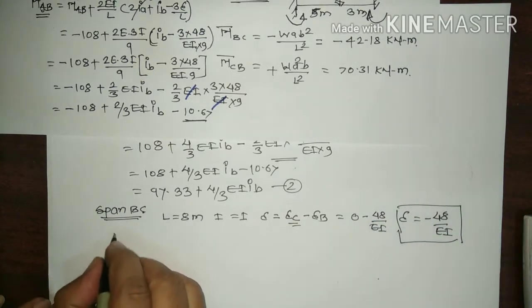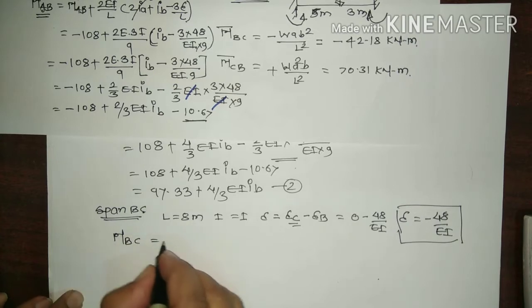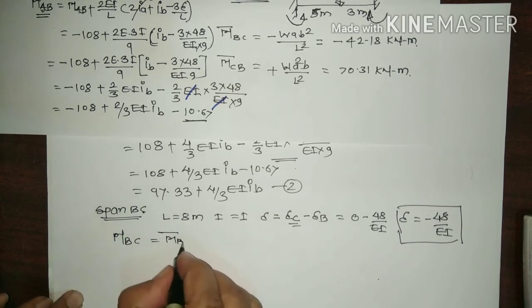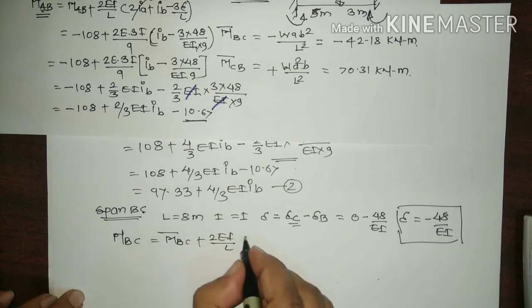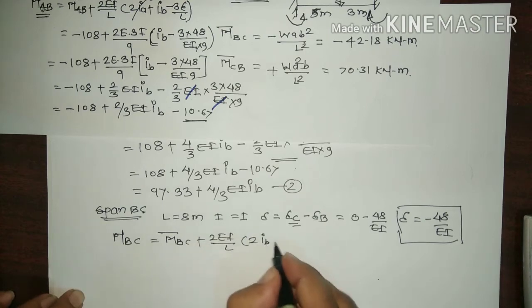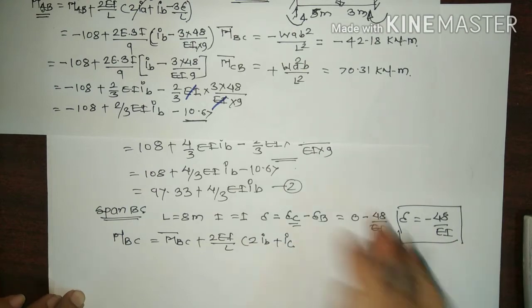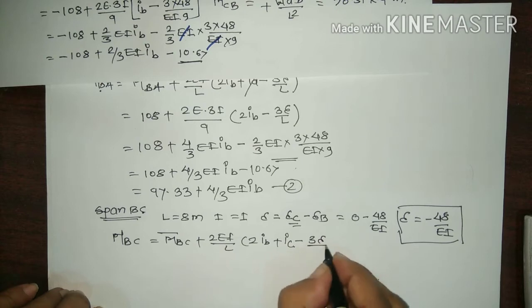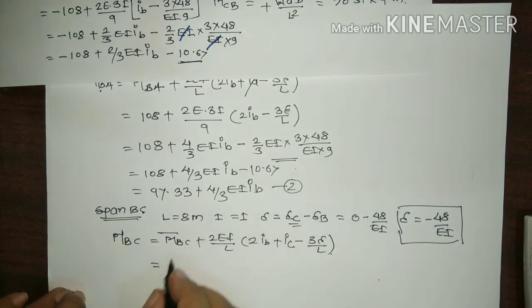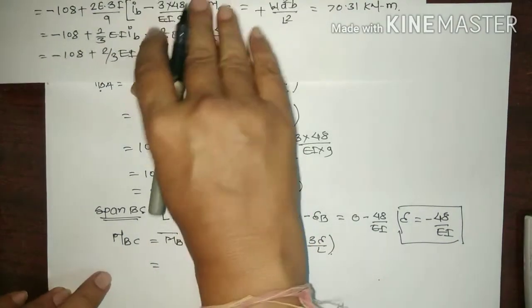So now MBC is equal to M bar BC as per procedure, twice EI by L into twice θB plus the θC minus 3 delta by L. Now here important is what? M bar BC, how much is M bar BC?